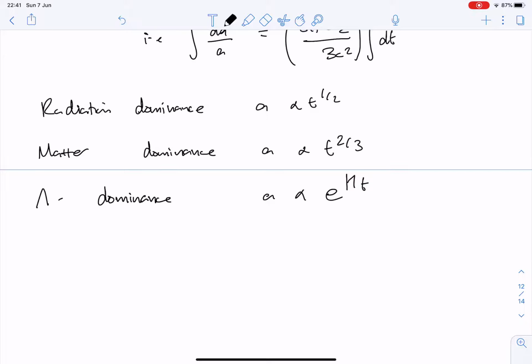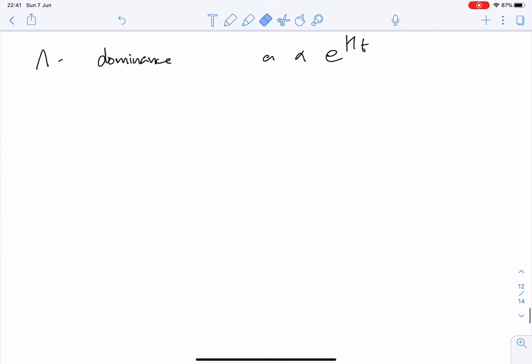So what you can actually do, therefore, is go through and work out in some degree of detail what the evolution of the universe is actually going to be like over cosmic time. I have three different possibilities here.